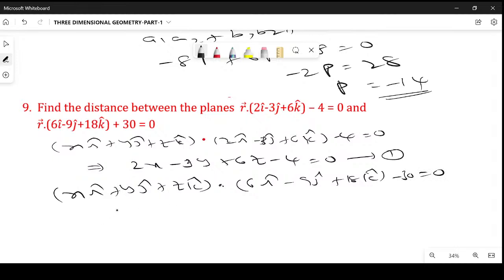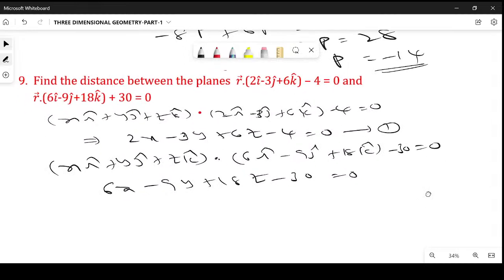Apply the dot product, it will be 6x minus 9y plus 18z minus 30 equal to 0. But when they are asking the distance between the planes, check that these two planes are parallel. Then only it is easy to find the distance, right? Because to make them parallel, the direction ratios a, b, c should be proportional. To observe this, just divide the entire equation by 3.